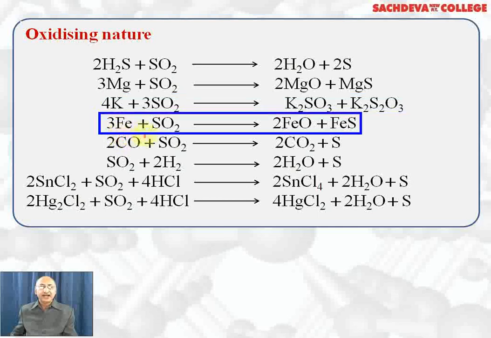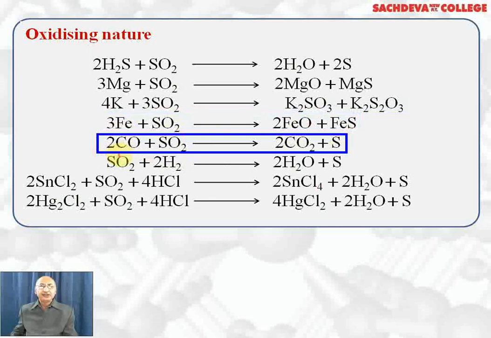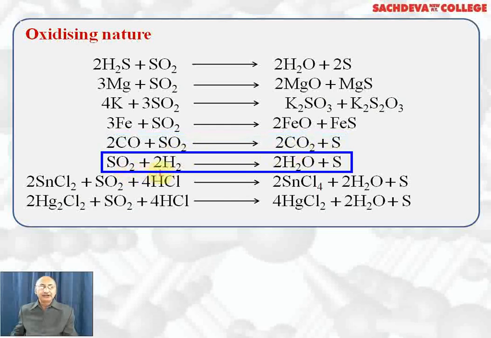Exactly in the same way, iron reacts with sulfur dioxide to form ferrous oxide and ferrous sulfite. SO2 acts as an oxidizing agent. CO is unstable. It gets easily oxidized by sulfur dioxide to form carbon dioxide, and sulfur is formed. So SO2 gets reduced to sulfur in this case. Similarly, SO2 gets reduced by hydrogen to form water, and sulfur is formed.